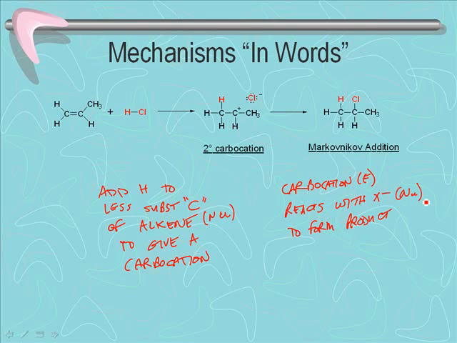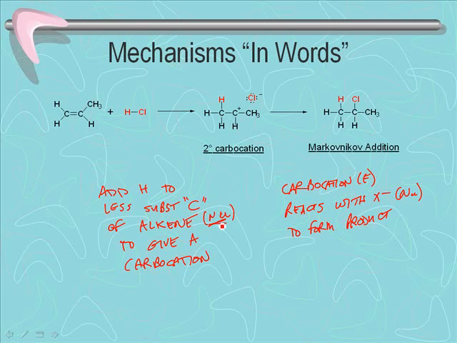So one way to handle mechanisms is to think about each step not as a series of electrons that are moving, but as what actually happens in that step. So you might consider learning mechanisms both from the standpoint of words and structures. Once we have a mechanism conceptually understood in words, it's easy to draw in the electrons.